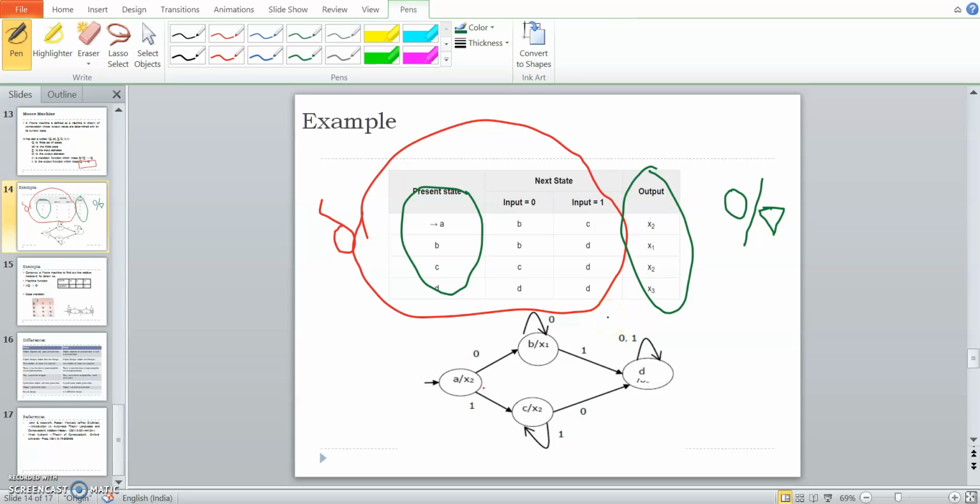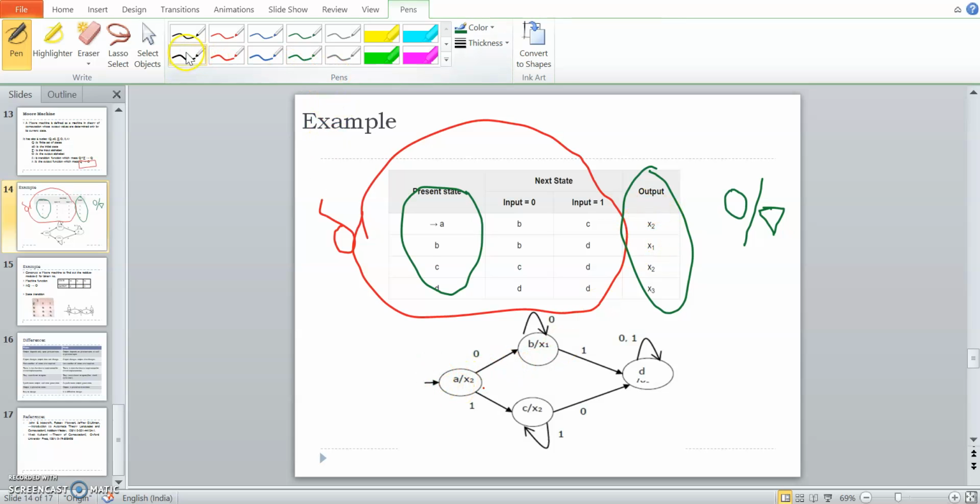So don't get confused by the symbols. First check which symbol represents what, and go through it once before reading that particular reference book. So these two things give me the output function and this is the transition function.